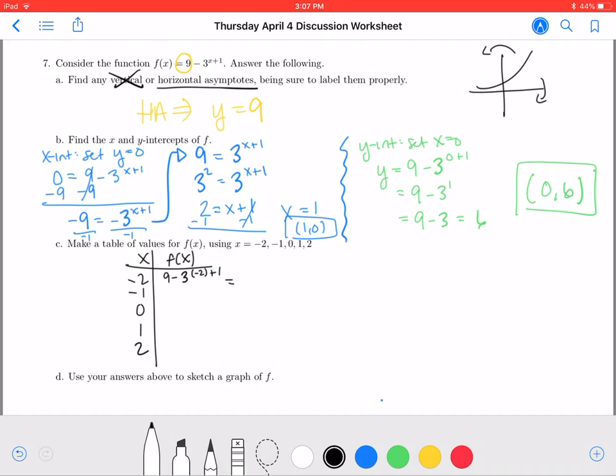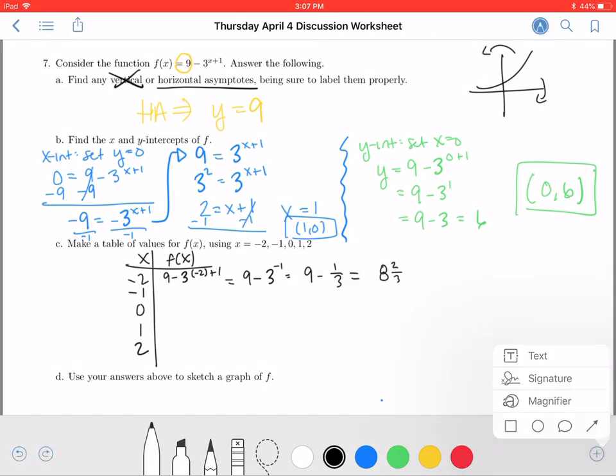So if I plug in negative 2, I'm going to get 9 minus 3 to the negative 2 plus 1, which is negative 1. So 9 minus a third, or 8 2/3.